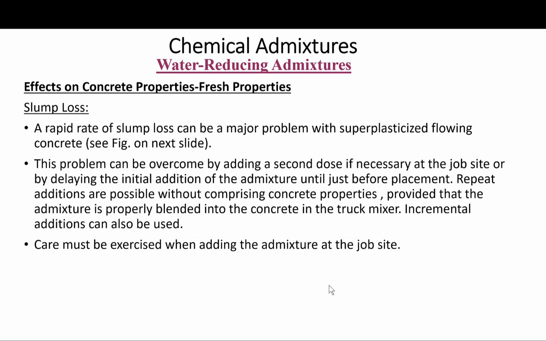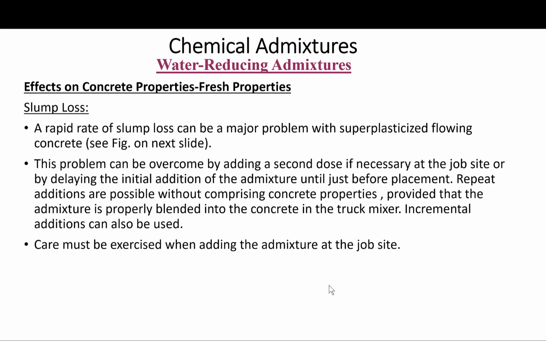Repeat additions are possible without compromising concrete properties, as I will show you in the figure on the next slide, provided that the admixture is properly blended into the concrete in the transit mixer well before it is placed.